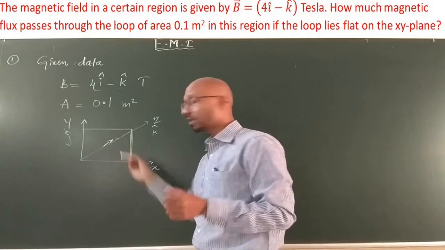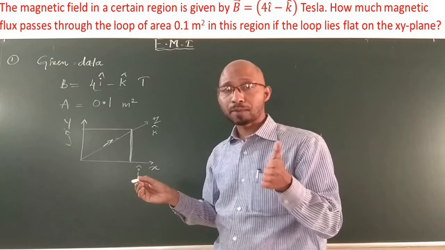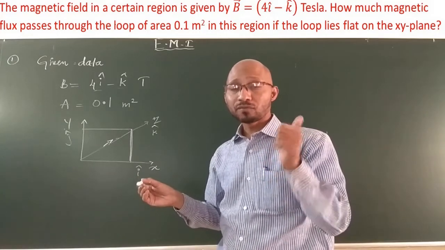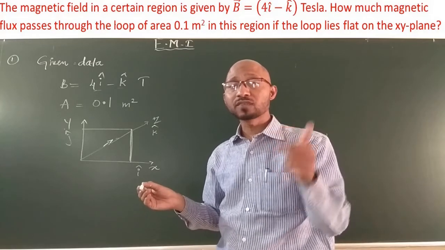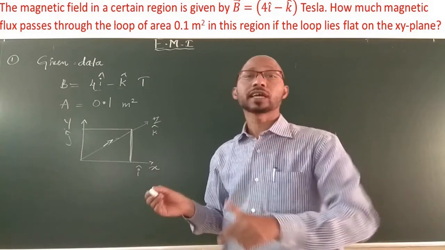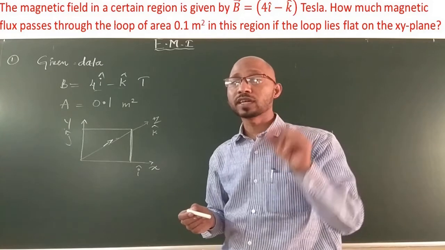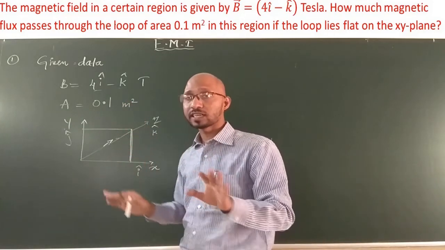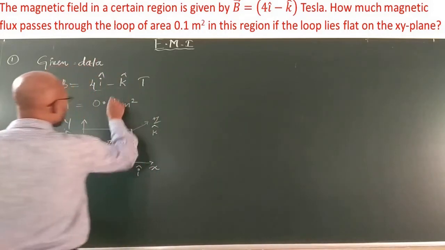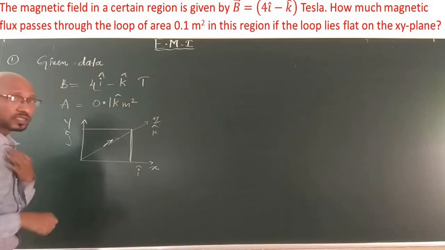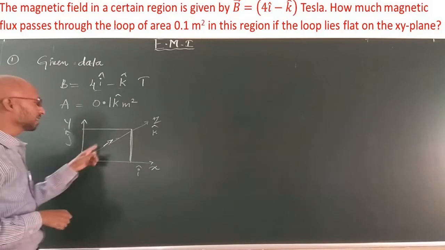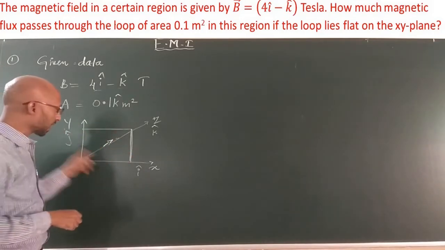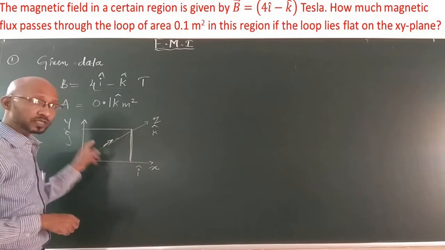The magnetic field lines which are passing parallel will not give us any flux. Flux means the number of field lines crossing normally per unit area. It means we have to consider k, because the area vector is always normal to the plane.